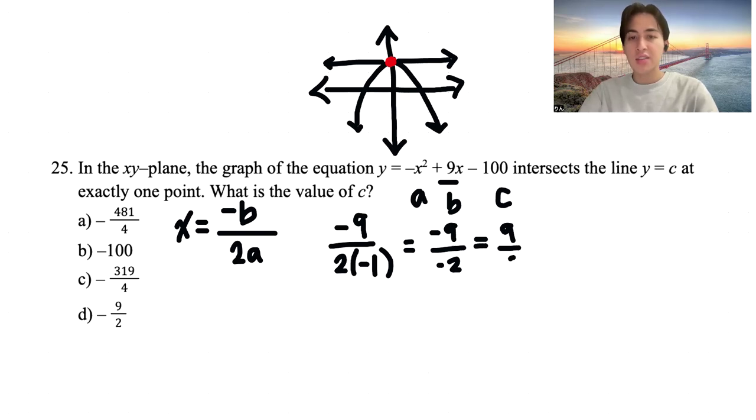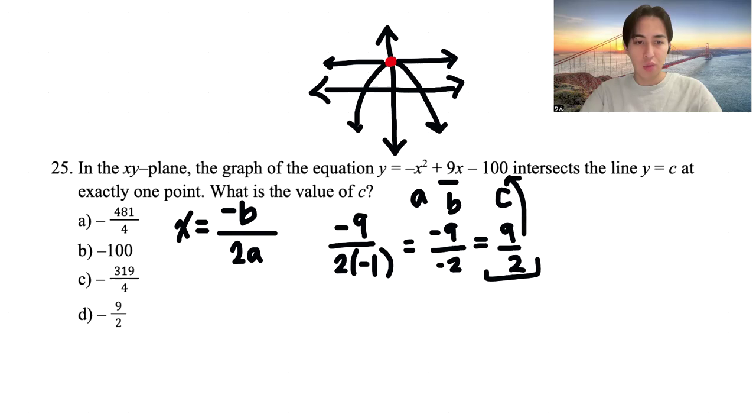So that is the x value of the vertex. But we have to find the value of c. Now c is the y value of the vertex. So in order to find the y value, you have to plug this x value back into the original equation.